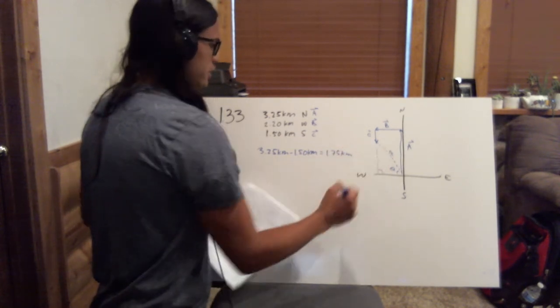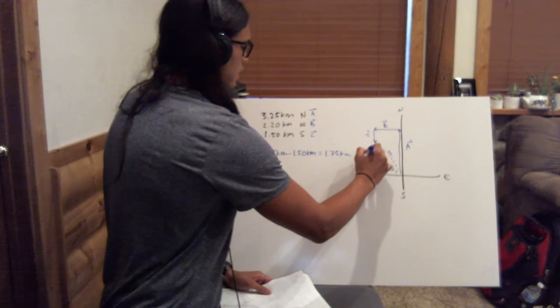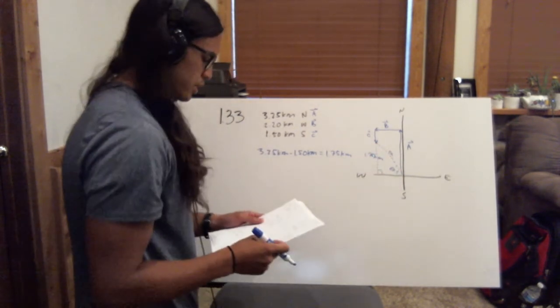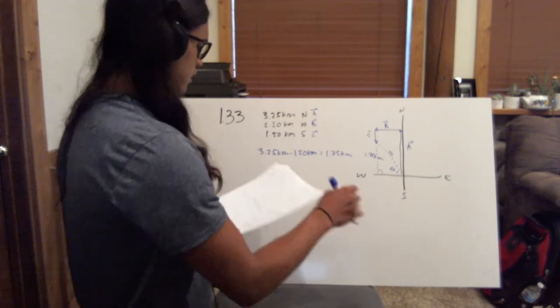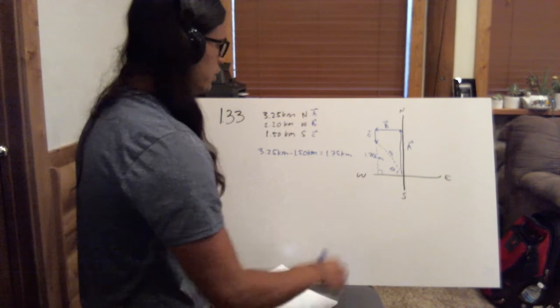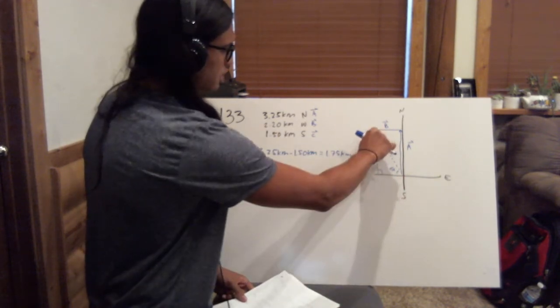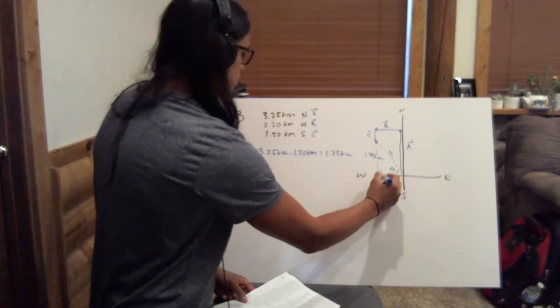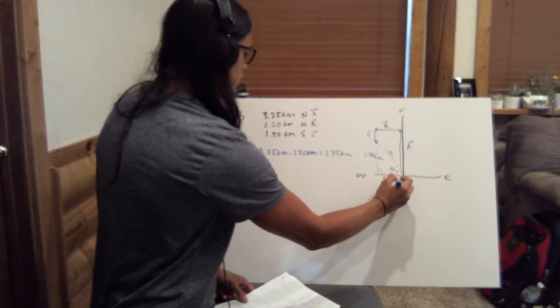So now that we know this side, we can just solve using the opposite over adjacent, and we also know this length because of this length up here, because they're equal. So this would be the 2.20 kilometers.